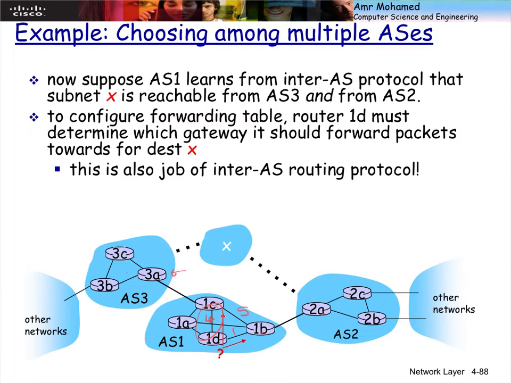Okay? But the dominant part for the border gateway protocol is, as I said, the policy. So if the policy exists, then policy dominates, regardless of the cost of the path.